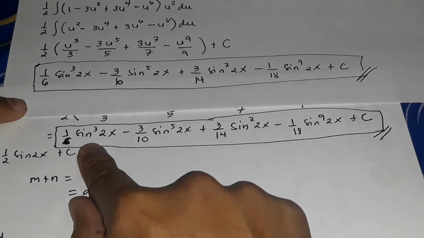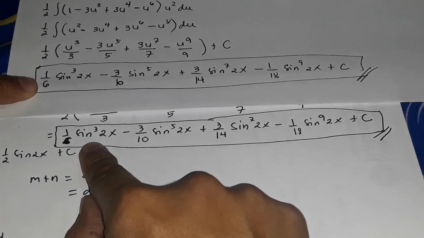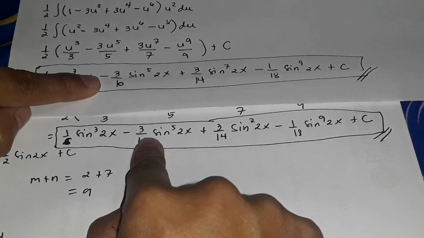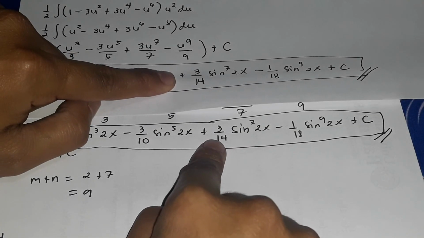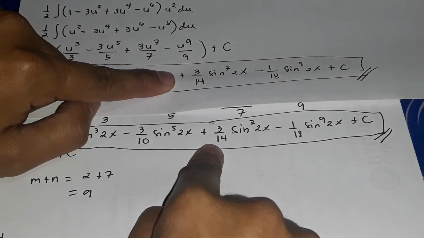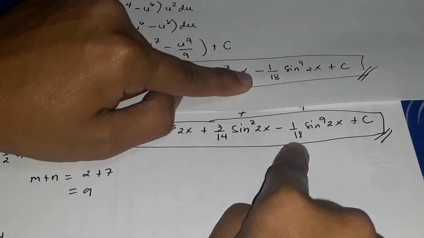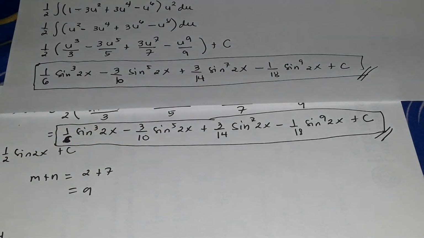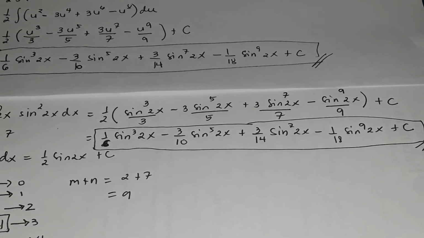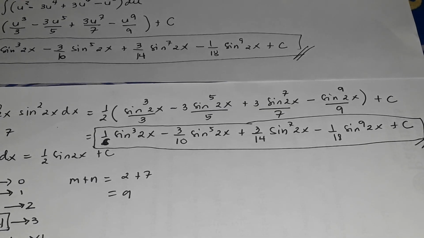So this is your 1/6 sine cubed 2x minus 3 over 10 sine to the 5 2x plus 3 over 14 sine to the 7 2x, then minus 1 over 18 sine raised to 9 2x, and then of course plus c.